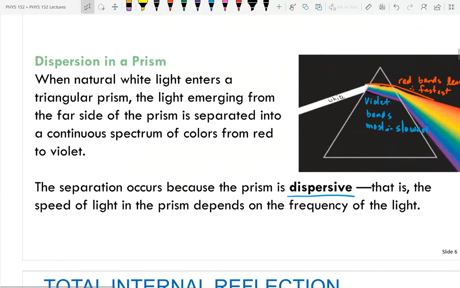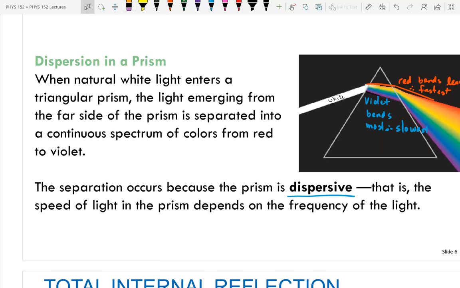And that relationship is called the dispersive relationship, the dispersion of light, spreading it out by colors. That's why we see this in prisms, and we will talk more about it in just a moment when I get to talking about rainbows.